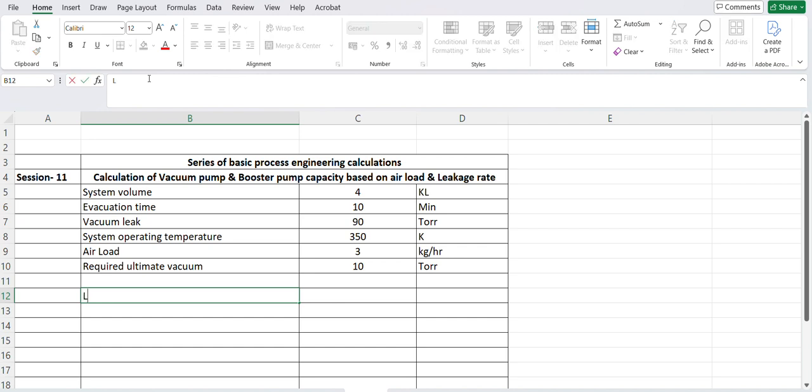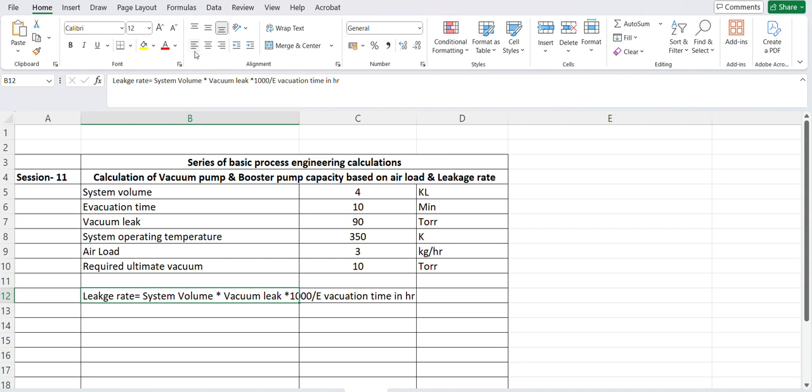Leakage rate calculation is done simply like this: system volume into the vacuum leak into 1000, divided by the evacuation time in hours.